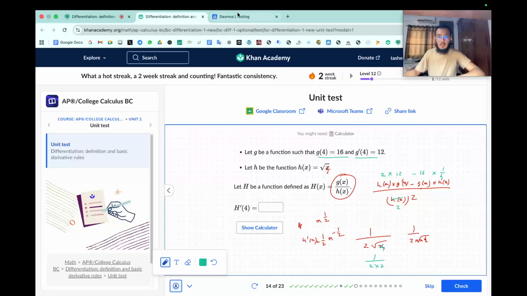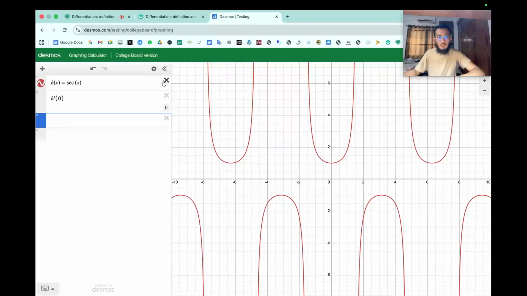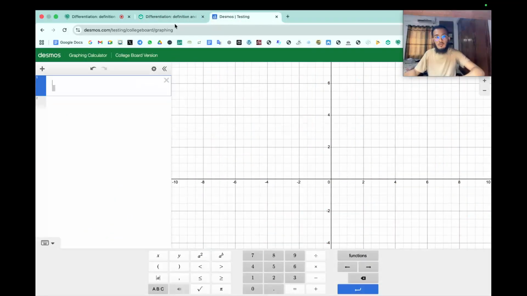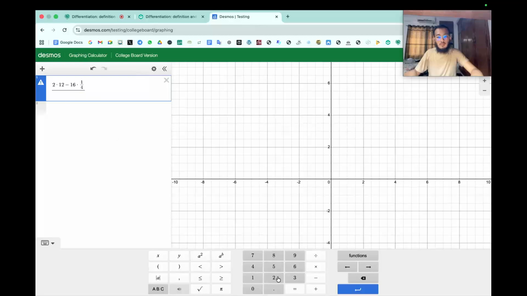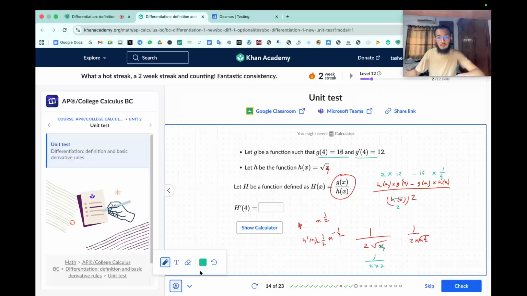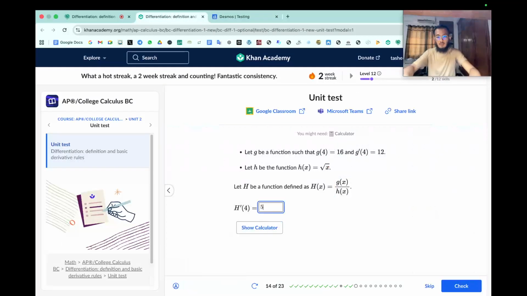Now we have to calculate this: 2 into 12 minus 16 into 1 by 4, and divided by 2 squared is 5. So the answer should be 5.